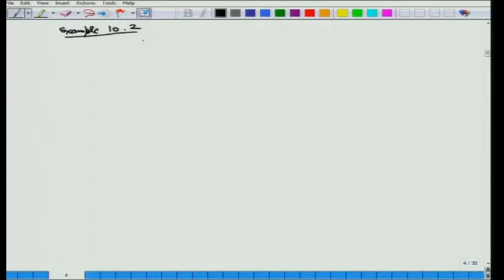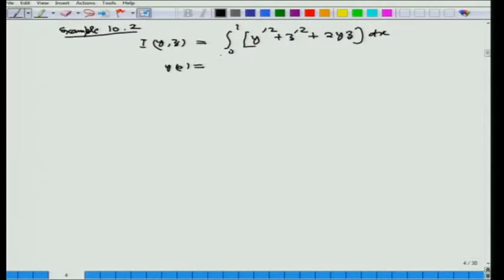Here I(y, z) is the integral from 0 to 1 of y' squared plus z' squared plus 2yz dx, and the conditions are y(0) equal to 0, y(1) equal to 1 and z(0) equal to 0 and z(1) equal to minus 1.